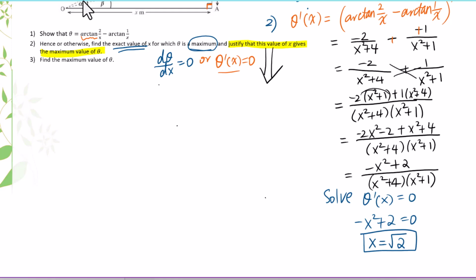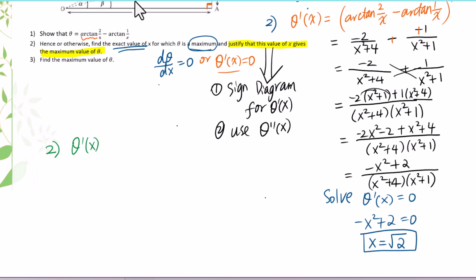To justify this, either you use a sign diagram for theta prime of x, or you use theta double prime of x. I will show you both.